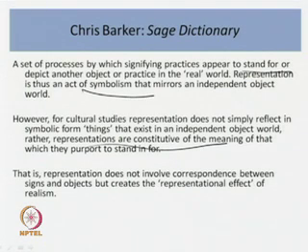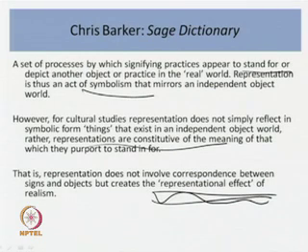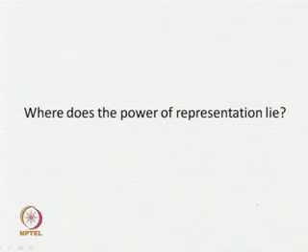Then representation does not involve a clear correspondence between signs and objects, but this is the term representational effect. This is what you have to bring to the notice of the examiner, that there is a representational effect which stands for and becomes more real than the real object. Thirdly, where does the power of representation lie?